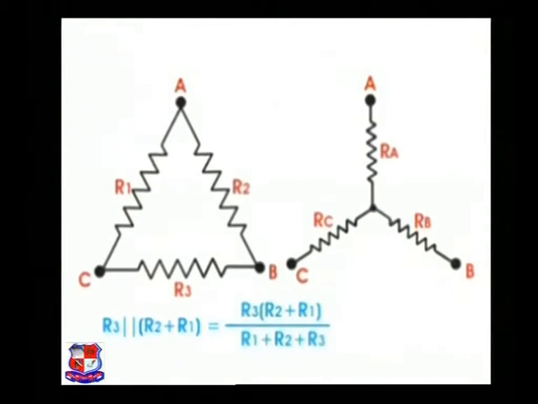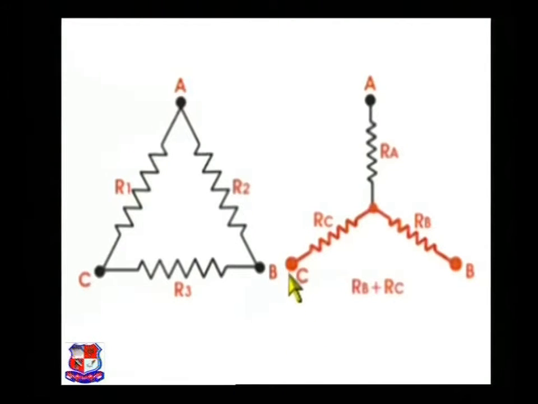Now think about the resistance value of the star across the same points B and C. As you see from the diagram, there are two resistors RB and RC across the points B and C. Hence, the equivalent resistance between these points will be the series combination of RB and RC, that is RB plus RC.